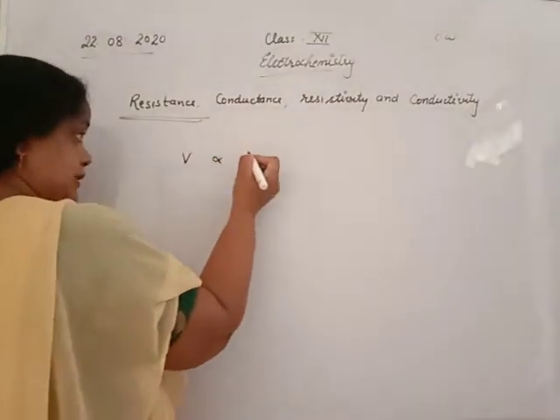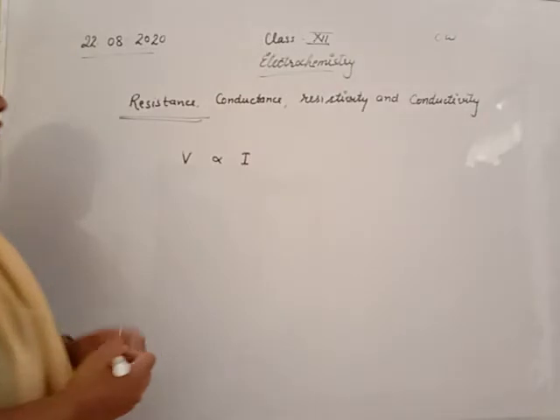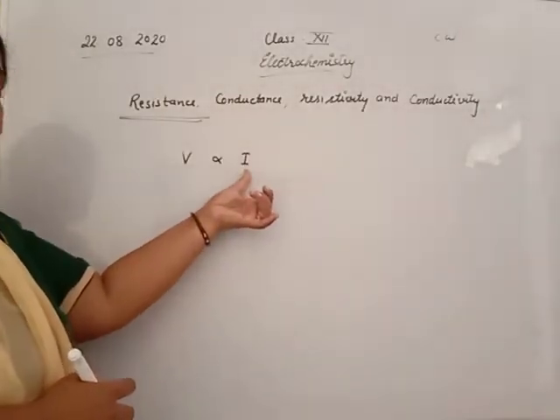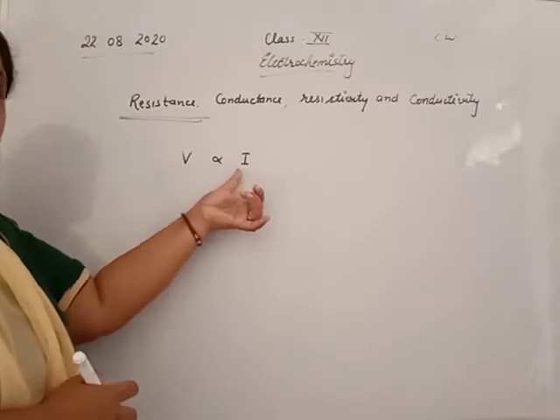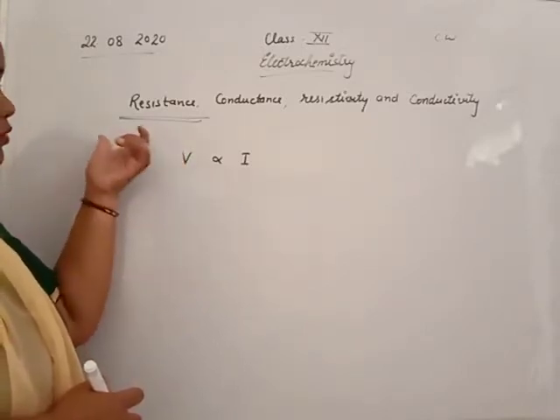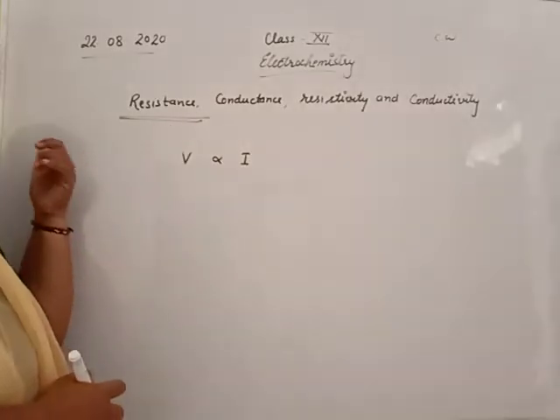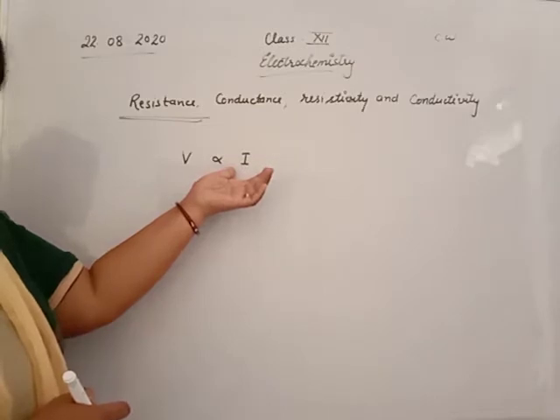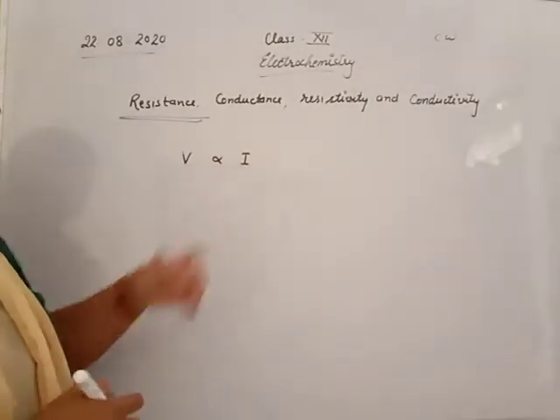If we have a conductor wire, the potential difference between the two ends of the conductor is directly proportional to the current, that is V is directly proportional to I.